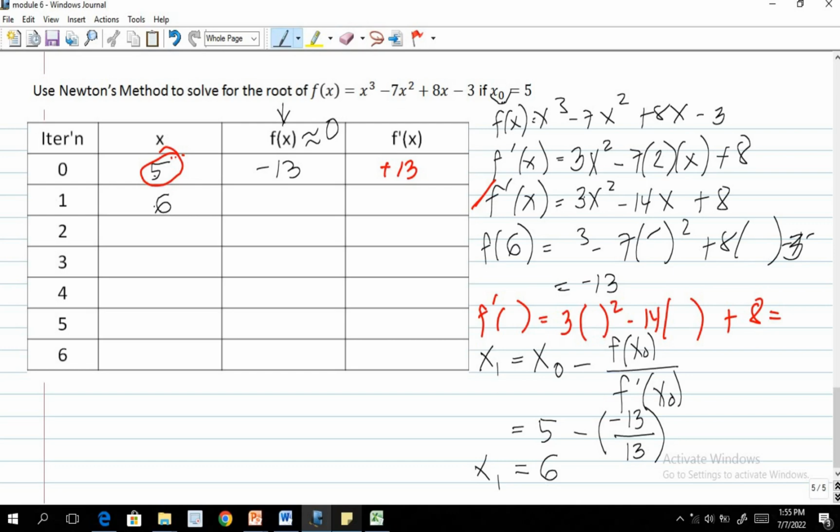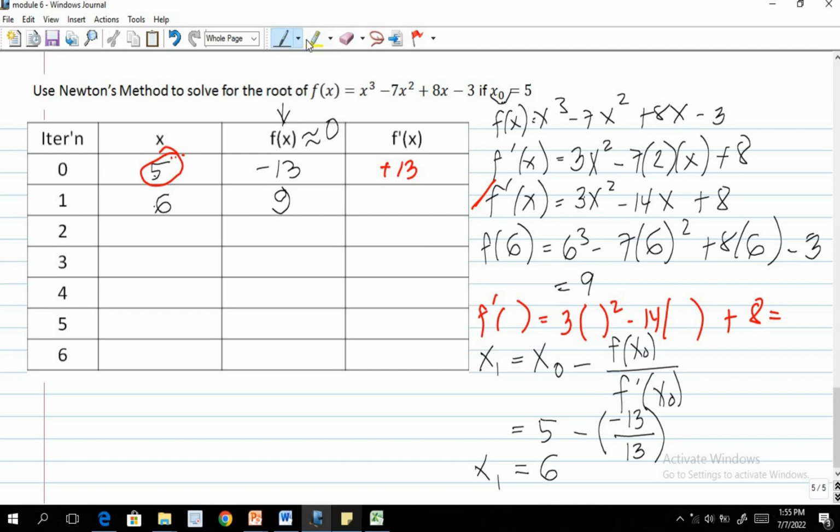So, 6 dito, and put this in your calculator. Ang lalabas na sagot is, this is now equal to 9. Kindly double check the values I am presenting to you. Plus 8 times 6 minus 3, that is 9. So, dito sa may iteration 1, ang fx ko ay 9.